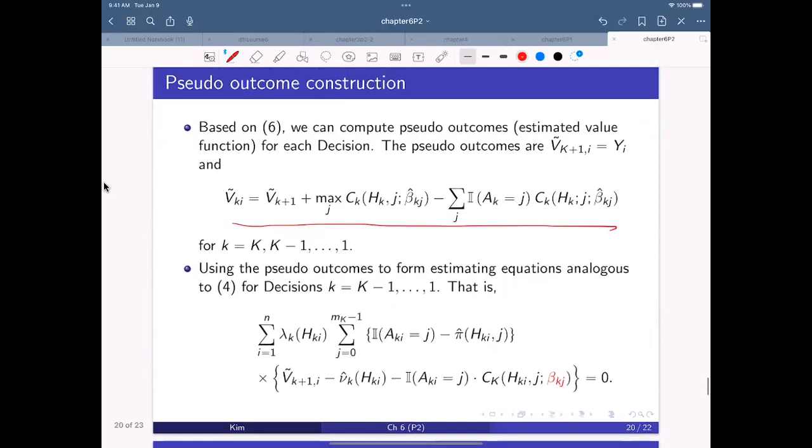So now I have a question. Okay. So comparing this approach with the previous two approaches, it looks like this approach uses the kind of idea of imputation, right? So the previous two approaches only use the data that match the optimal decision from the backward selection.